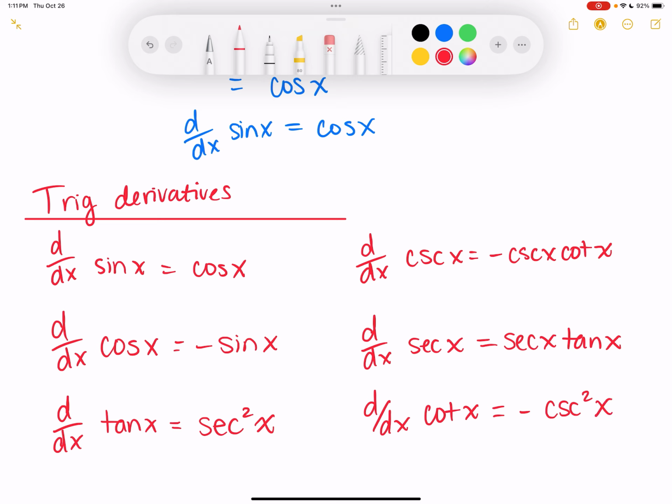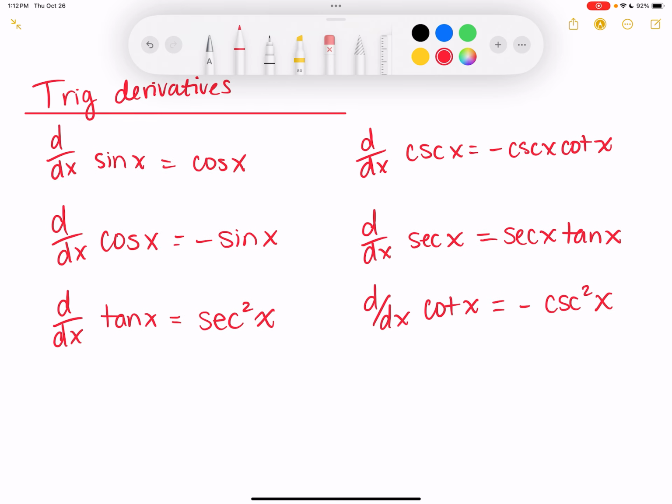So cosecant, should you forget it, can be found by doing 1 over sine of x. Obviously, but the first part, you take the derivative of the top, that's 0. So it's going to be 0 minus the derivative of sine times 1, and then all over sine squared. And so that's what reduces down to that, and so on and so forth with secant. It's 1 over cosine. And then cotangent would just be cosine over sine, and you could use the quotient rule on that. So if you forget it, as long as you know these 2, you can find the rest.